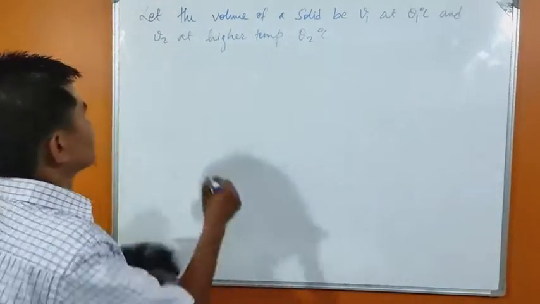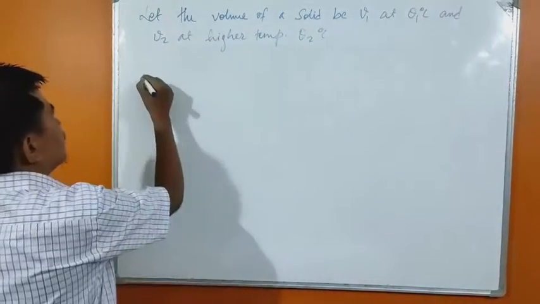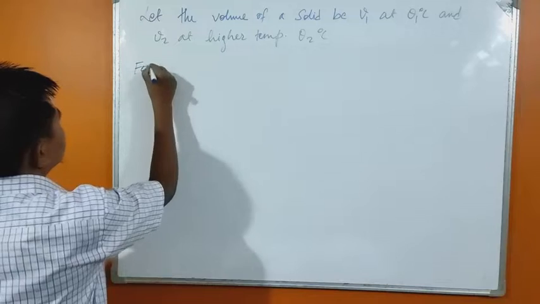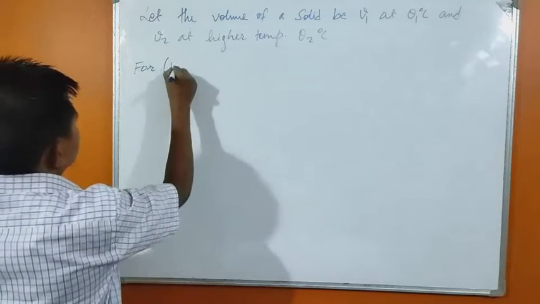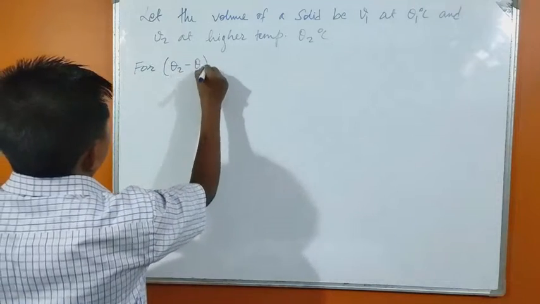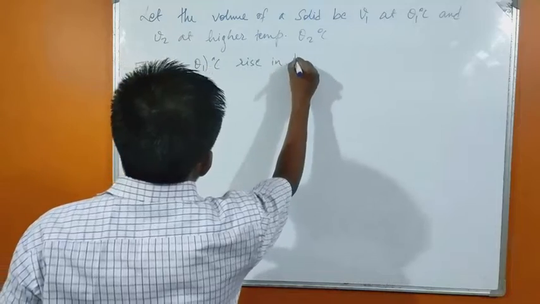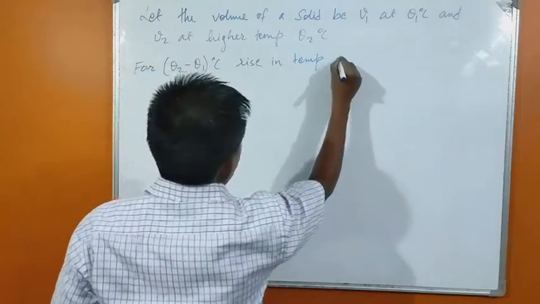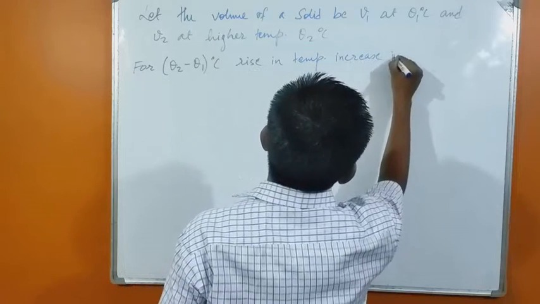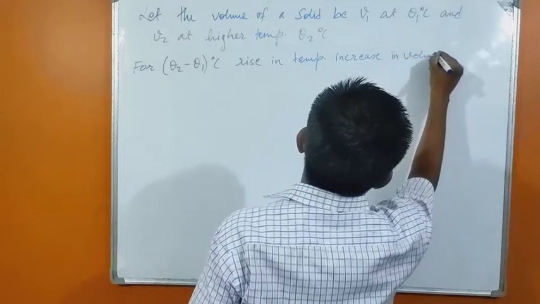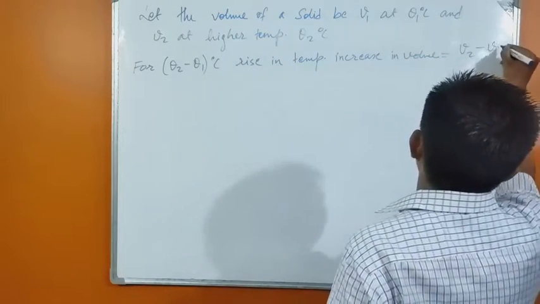So rise in temperature is what? Theta 2 minus theta 1. For theta 2 minus theta 1 degree Celsius rise in temperature, increase in volume will be equal to V2 minus V1.